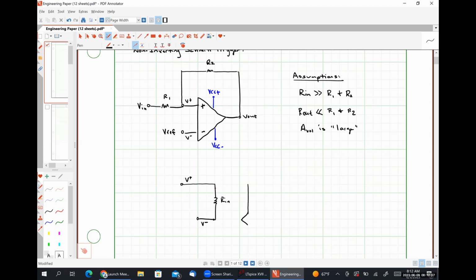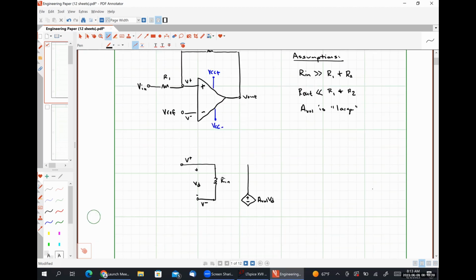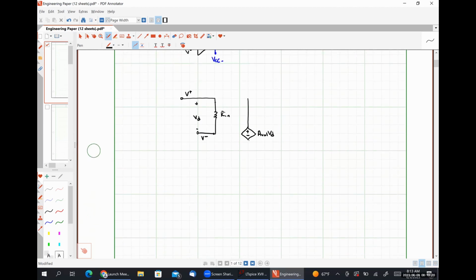Over here, I'm going to have my practical voltage source. So this is my open loop gain times my differential voltage. So while I'm at it, I'll define my differential voltage over here, which will be nothing more than the voltage seen between our non-inverting and inverting input terminals. Here is my output resistance, R out, like so.